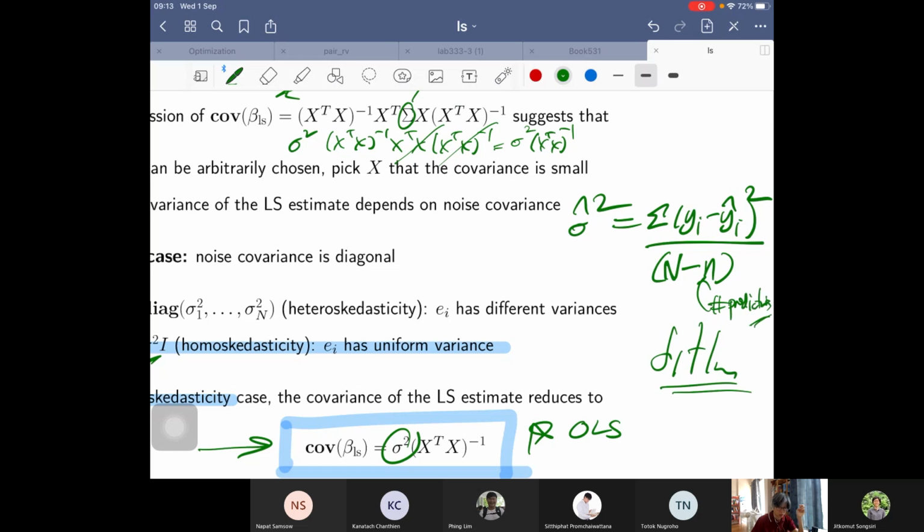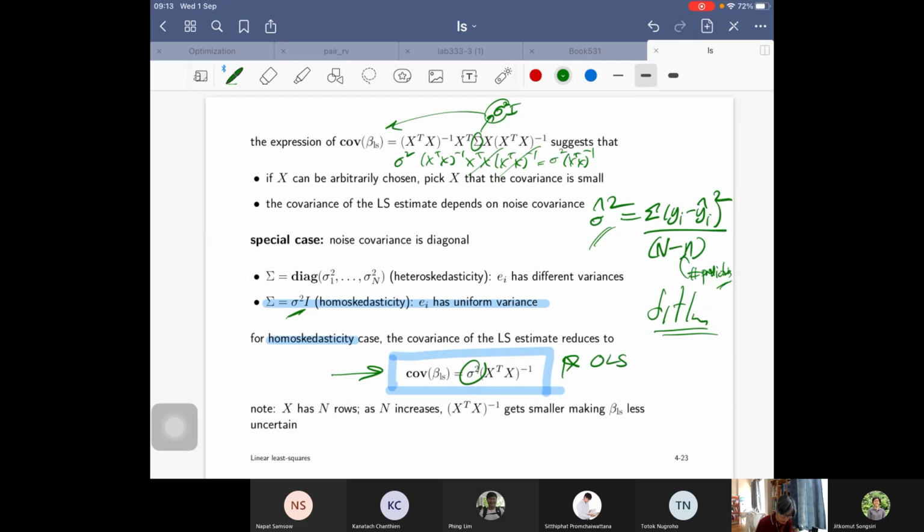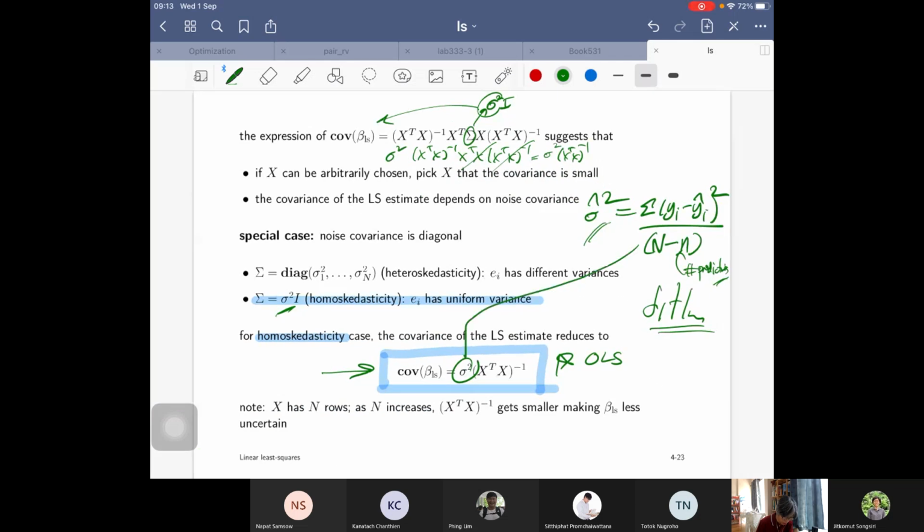This normalization is to prove the unbiasedness of your sigma hat square. When you plug it back into this formula, that is the estimate of the covariance of beta hat in most software packages.